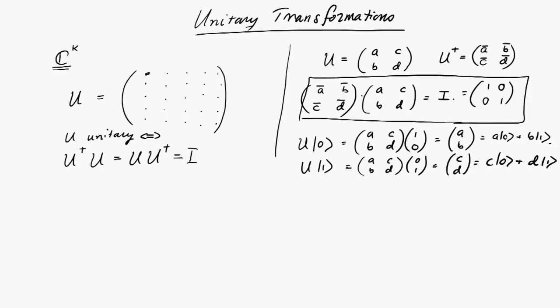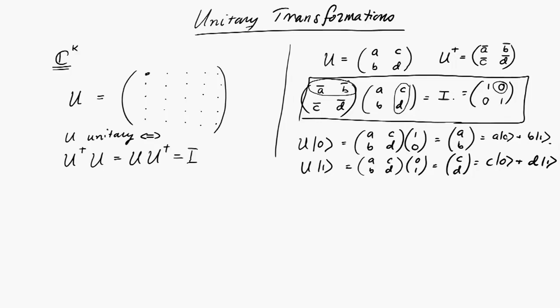It would be given by, for example, this times that. This times that is the inner product between this vector AB and CD. But that's exactly that entry. So we know the inner product between these two vectors is 0.